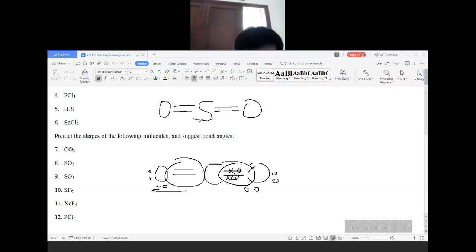SO3 is this one. So 3 bond pairs and 0 lone pairs. It has trigonal planar shape, 120 degrees.